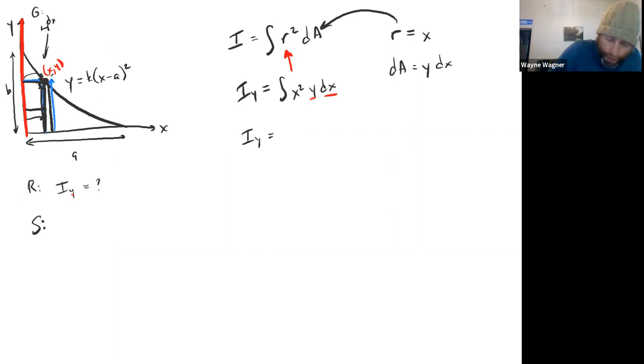So instead of y, I'm going to plug in all this stuff right here, and we'll get the integral of x squared times, in place of y, k times (x minus a) squared, dx. Then I need the limits of integration because I'm going in x. It's going to start at 0 and go to a.